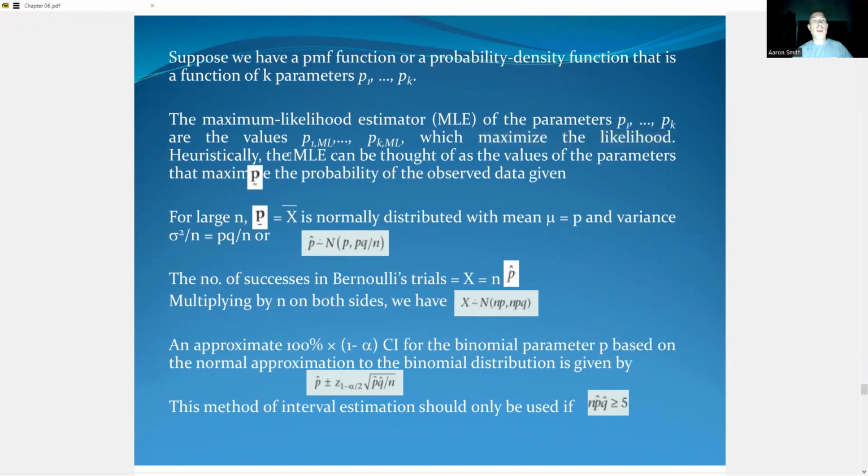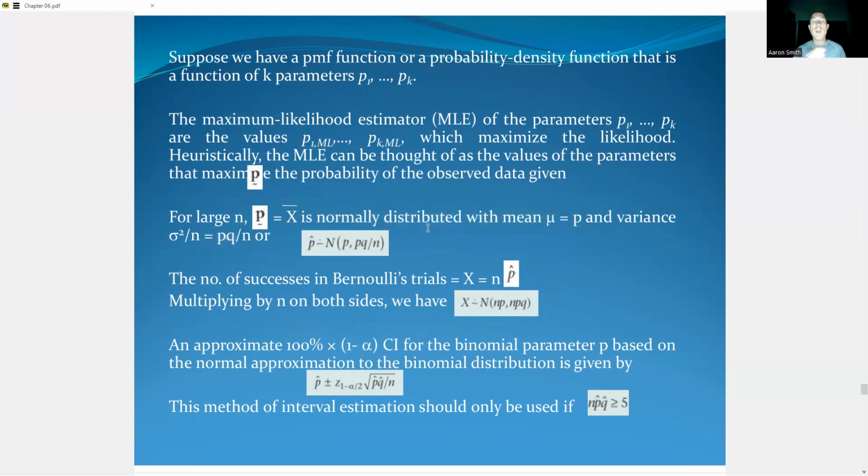Heuristically, the maximum likelihood estimate can be thought of as the values of the parameters that maximize the probability mass function, given the data. For large values of n, my binomial sample average is approximately normally distributed with mean mu equals p and variance p times q divided by n.